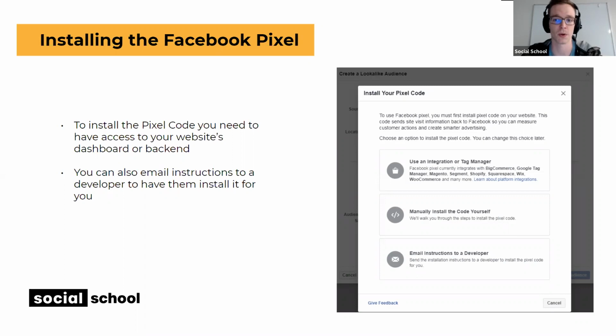For instance, I can personally speak to Google Tag Manager because that is the one I use the most myself. I just log into Google Tag Manager and the Facebook pixel automatically installs onto the right property for us. It is super easy, super simple, and super efficient.